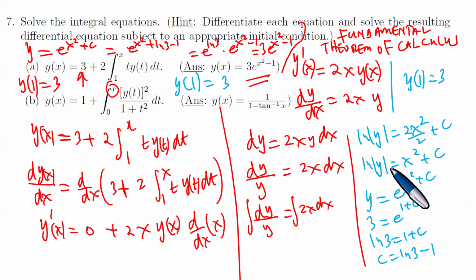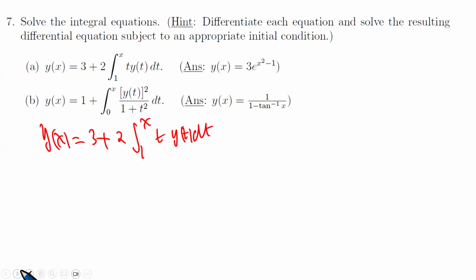Now that we integrated everything, we got the c here, but we don't know what c is. They said differentiate each equation and solve the resulting differential equation subject to an appropriate initial condition. The question becomes, what is an appropriate initial condition in this problem? So we need to think about it, of course.